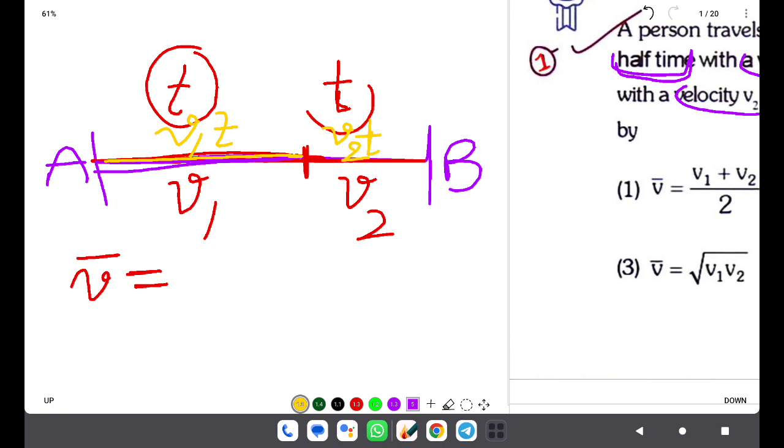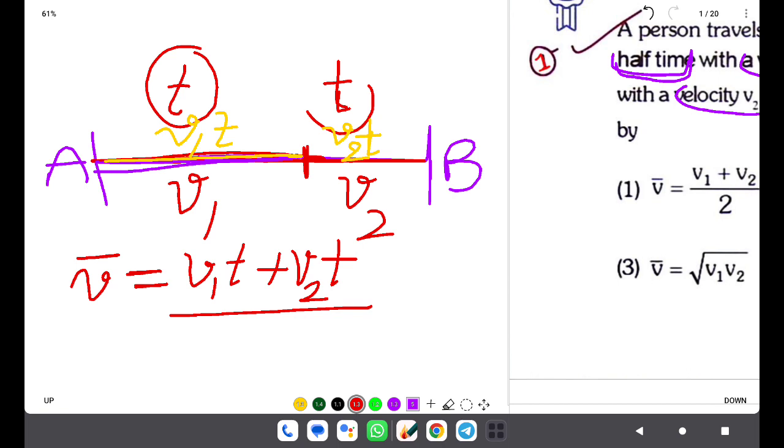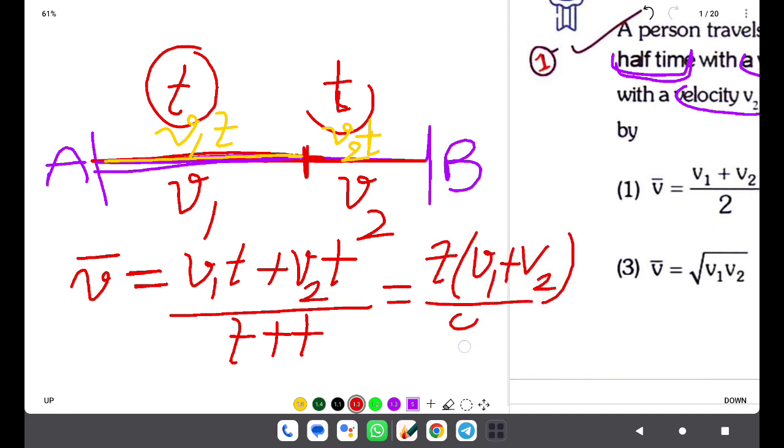So we can put the distance as v1t plus v2t, by the total time, t plus t. Solving it, below you will get 2t, and above you take t common, so we have v1 plus v2 by 2t.